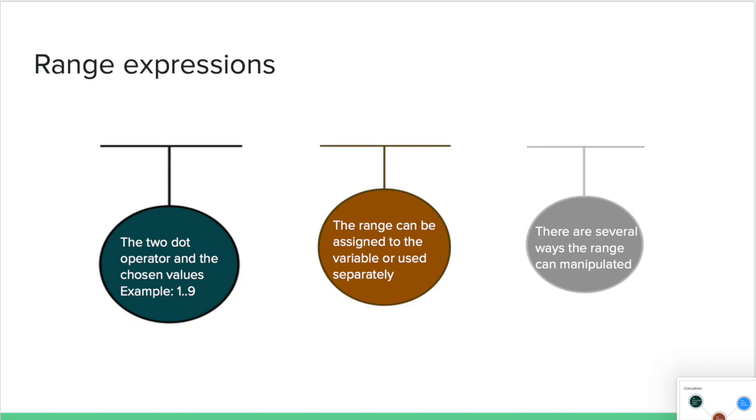The ranges can be altered in several ways using different features such as the step function, the downTo function, and the until function. These are just three examples of ways the range expressions can be manipulated.